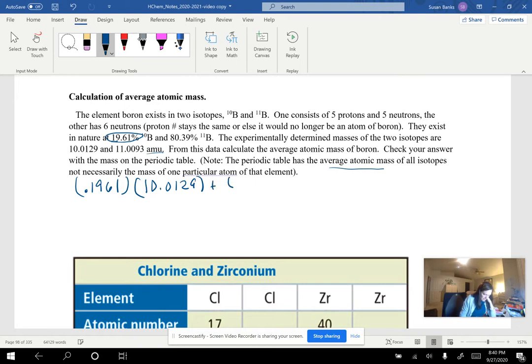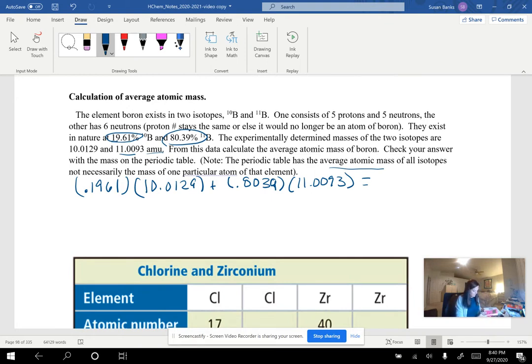And then we're going to make the boron 11 percentage also a decimal, 0.8039, and we are going to multiply that by the boron 11 mass, which is 11.0093.